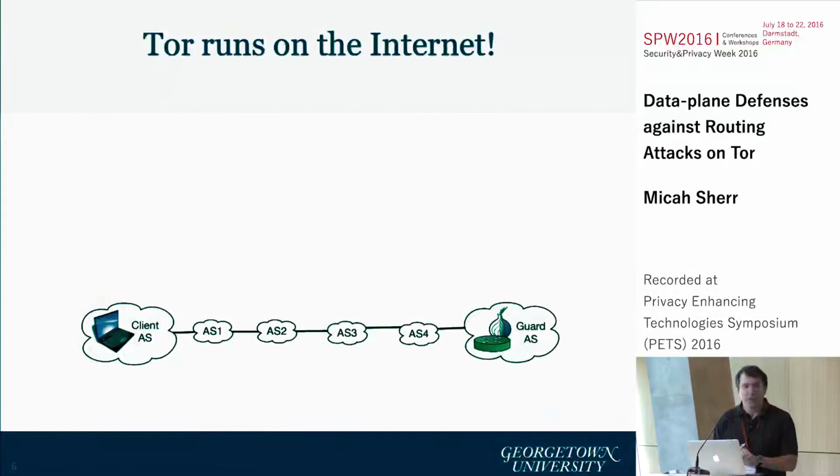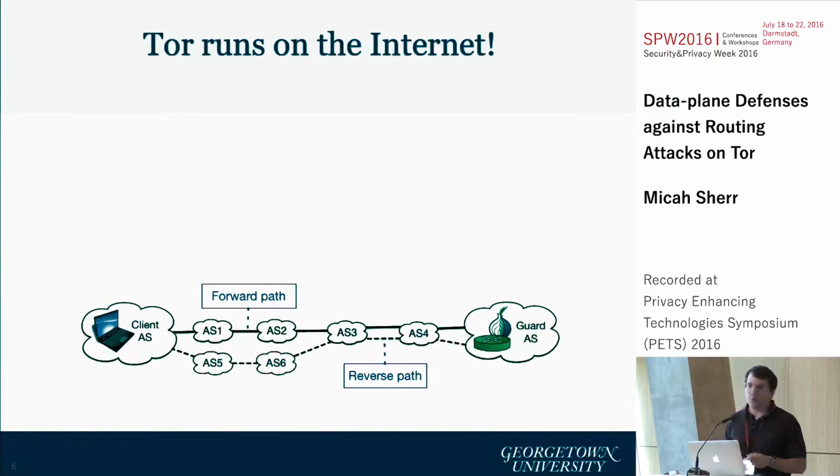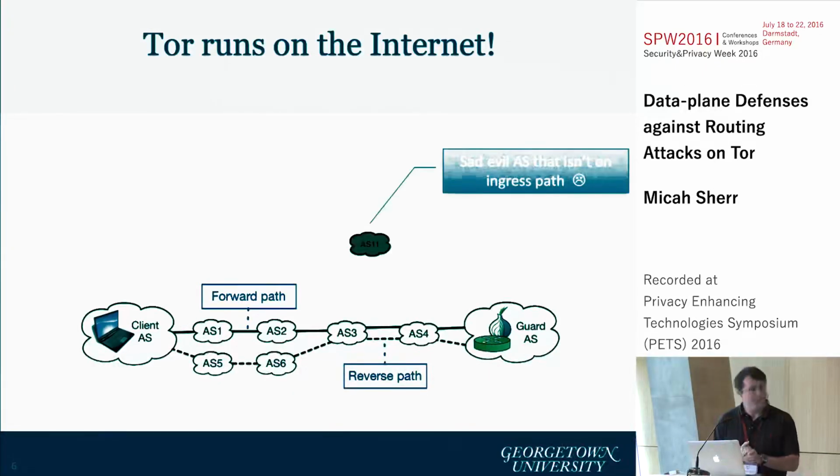But in reality, Tor runs on the internet, which means that when you're looking at these traffic correlation attacks, you need to consider the fact that there are a number of ASs, autonomous systems, between the client and the guard, and the forward path and the reverse path need not be, and often are not, symmetric. This leaves an adversary who's not on that path in a very unfortunate position.